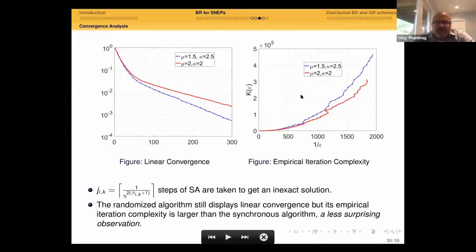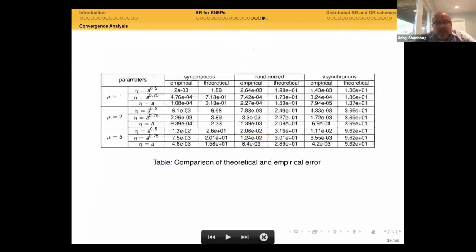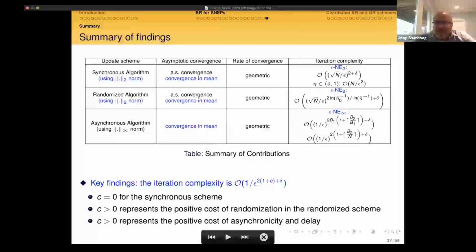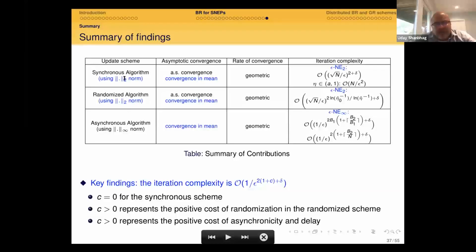And what you find is that the impact of randomization on both iteration complexity and the rate of linear convergence cannot be ignored. Okay. So a quick summary of the results in this part: we had a synchronous algorithm, a randomized algorithm, and an asynchronous algorithm. We are able to show almost sure convergence and convergence in mean.